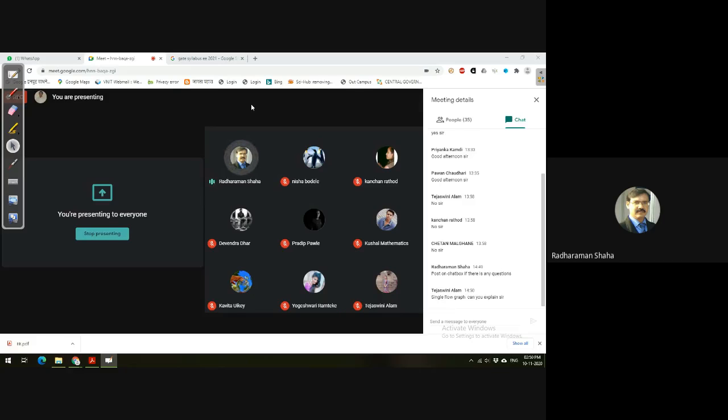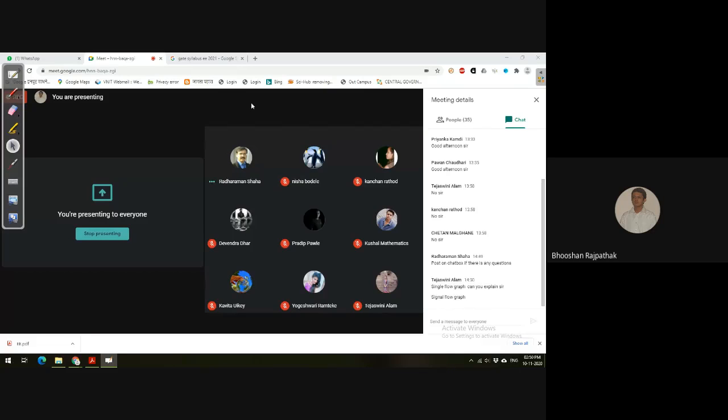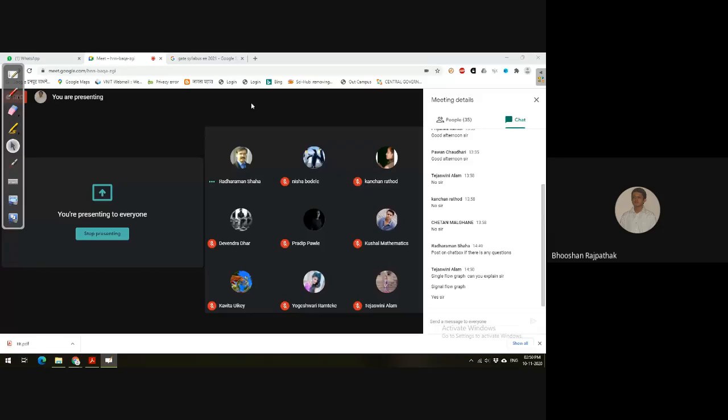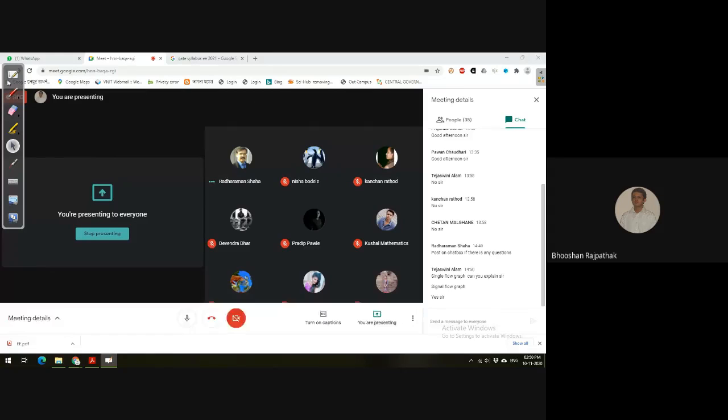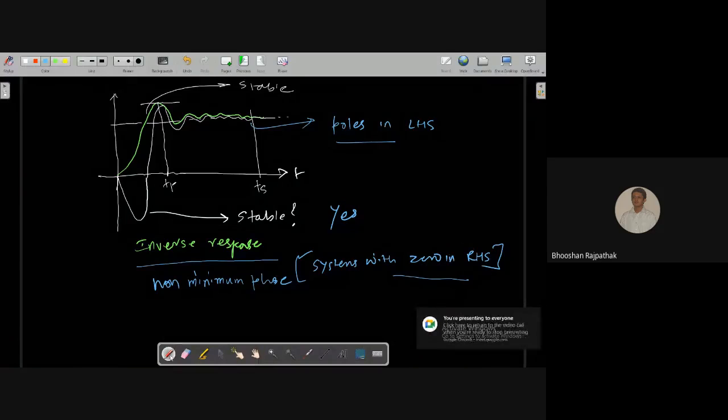Signal flow graph, can you explain, sir? Signal flow graph. Yes, Tejaswini Alam has posted. Okay, signal flow graph. So yes, there are also some peculiar points.